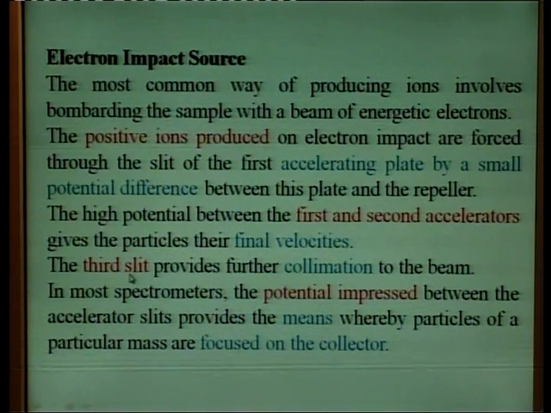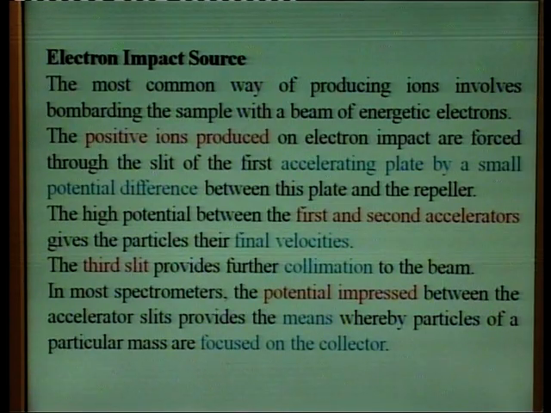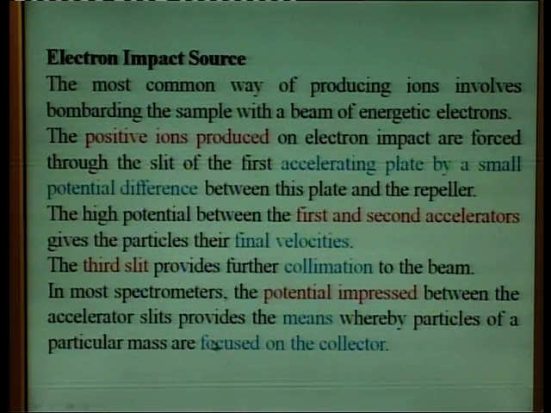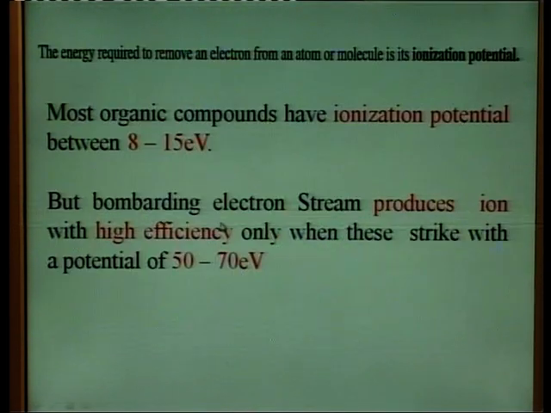The third slit causes collimation, so that most of the ions move in parallel pathways in the beam. In most spectrometers, the potential impressed between the accelerator cells provides the means whereby particles of a particular mass are focused on the collector.